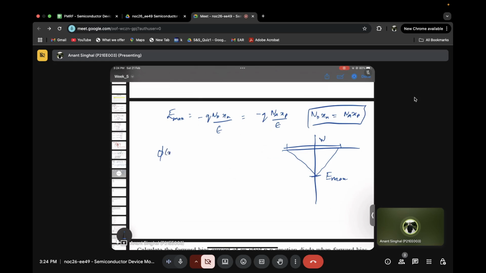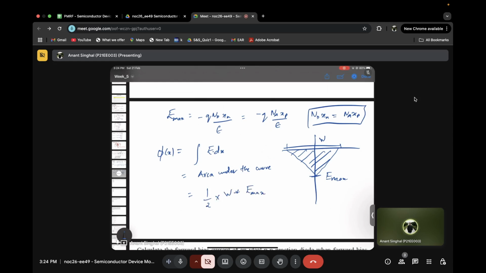So now what we know is phi x, or the voltage, is nothing but the integration of the electric field, right? And integration is nothing but the area under the curve, right? So what will be the area under this curve? What is the formula for a triangle? It is half times base into height.